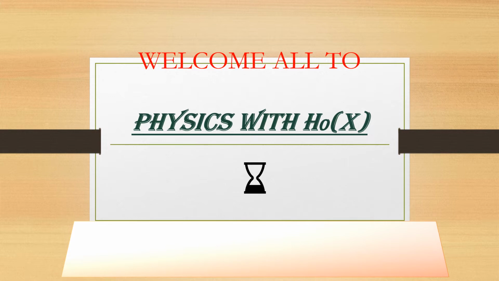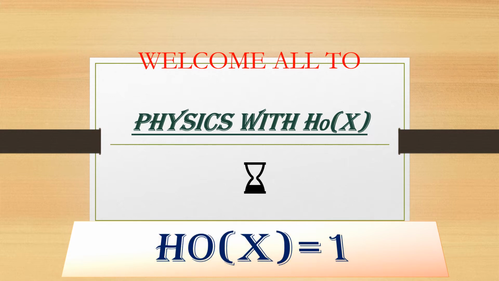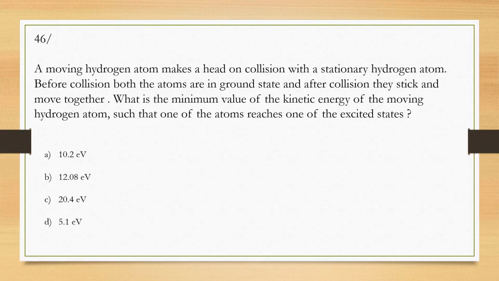So in this video we'll discuss some previous year DUVT physics questions. So let's begin. Here is the first question of this session: a moving hydrogen atom makes a head-on collision with a stationary hydrogen atom. Before collision, both the atoms are in ground state, and after collision they stick and move together.